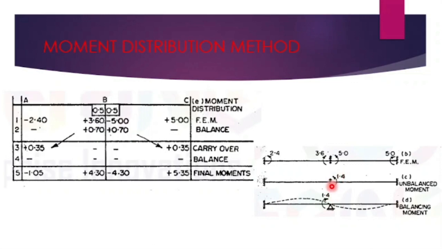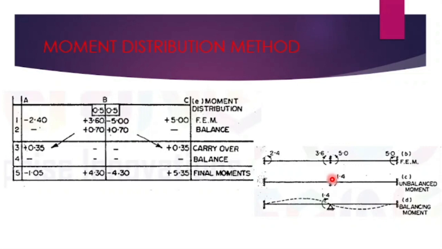Can you understand? So, how to balance this moment, how to make this joint 0? If an anti-clockwise moment is there, how to balance it? You have to add a clockwise moment of what intensity? The same 1.4. If 1.4 is acting anti-clockwise and you give the same 1.4 clockwise, then it will be balanced.